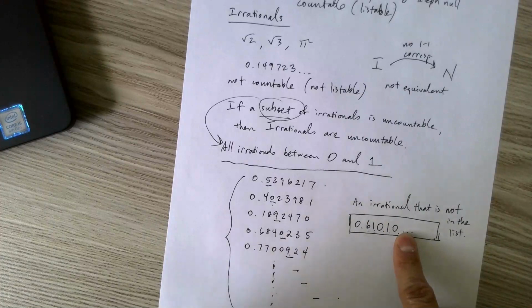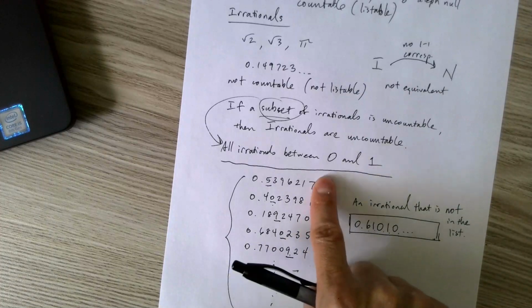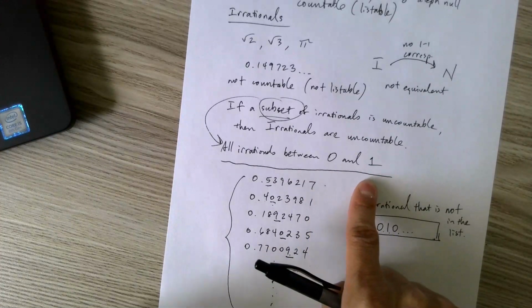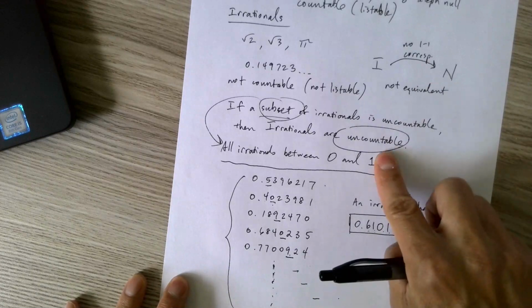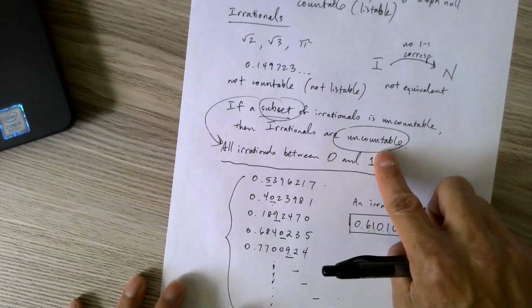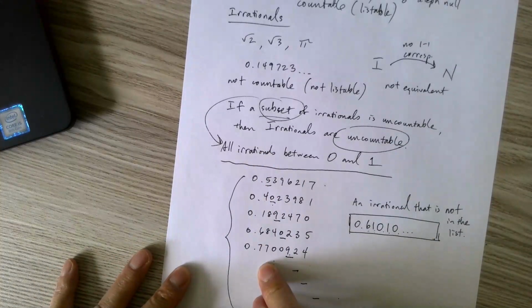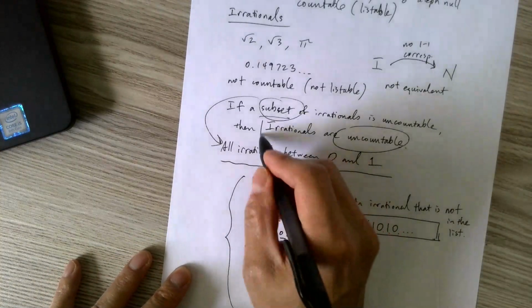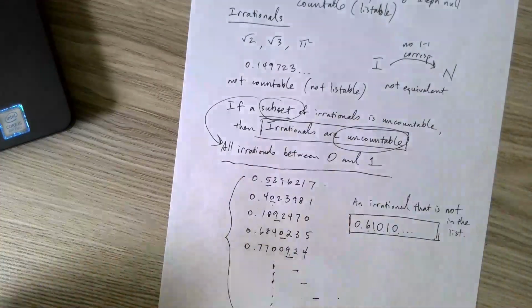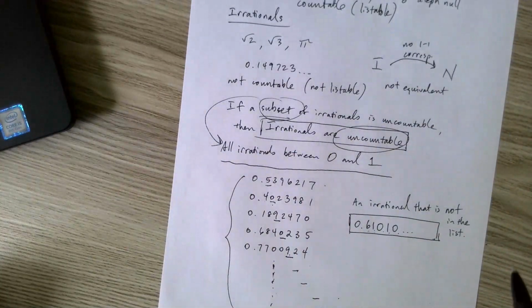So if I can't list the irrationals between 0 and 1, they must be uncountable. And if this set of irrationals is uncountable, then all irrationals, the whole family of irrationals, are uncountable.